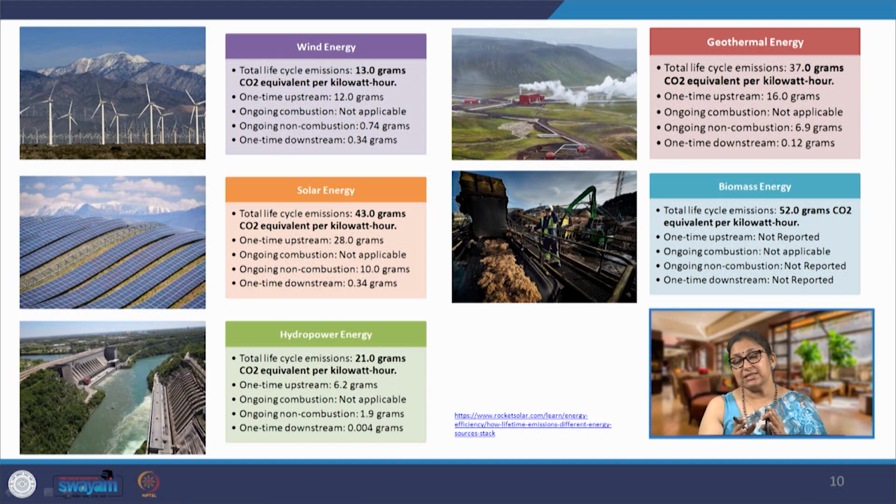And once it has been commissioned, put in place and in use, after that the ongoing combustion, the ongoing emission is practically zero. It is only going to produce energy at zero emissions throughout its life cycle, and in the end there is the one time downstream emission.